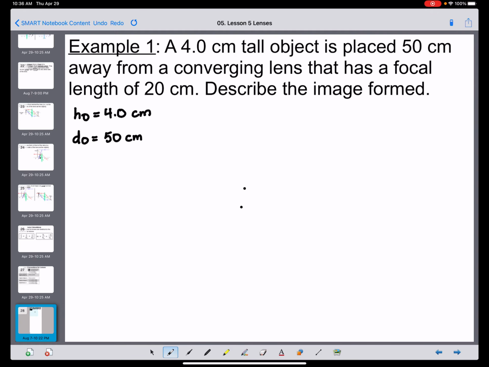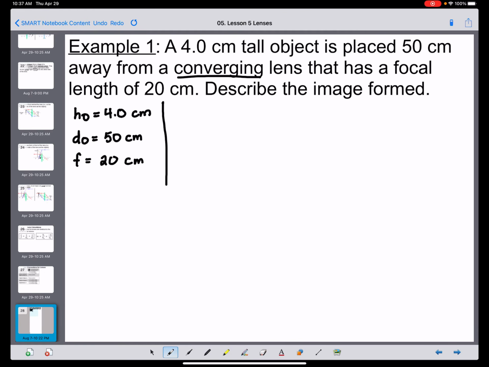Okay, so HO and DO are always positive, so that's fine. But remember, for the focal length, we need to think about whether it's positive or negative. A converging lens always has a positive focal length, so this is going to be positive 20. And we want to describe the image formed, which means we want to talk about the size, the orientation, and the type of the image.